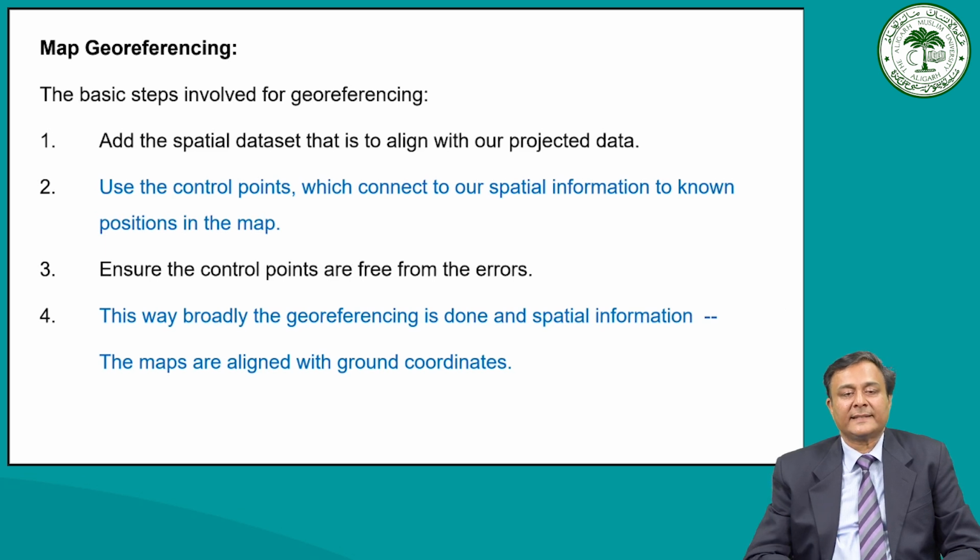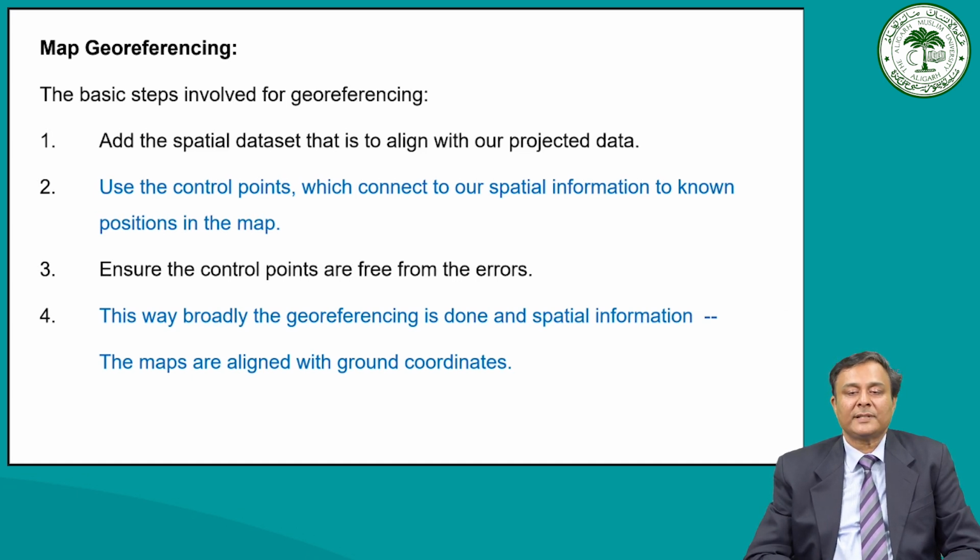So it is very essential that the control points should be without any error. And this way broadly the georeferencing is done, and spatial information, the maps, are aligned with ground coordinates. So the control points are locations that can be accurately identified on the spatial data sets, which we relate with the real world coordinates.